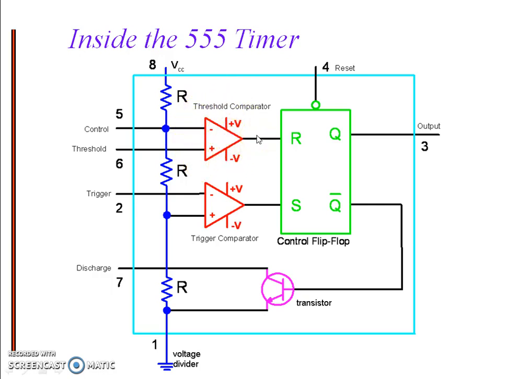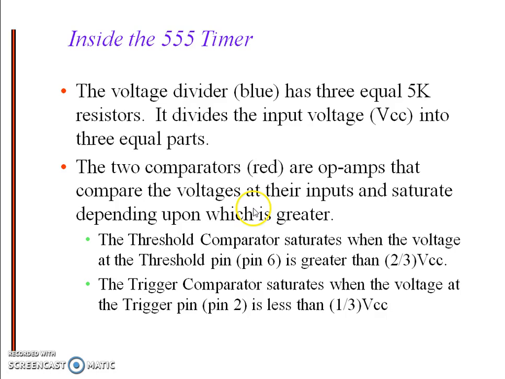Output will be at plus saturation or minus saturation, where plus Vsat can be treated as 1 and minus Vsat can be treated as 0, so that proper input combinations can be applied to the control flip-flop.